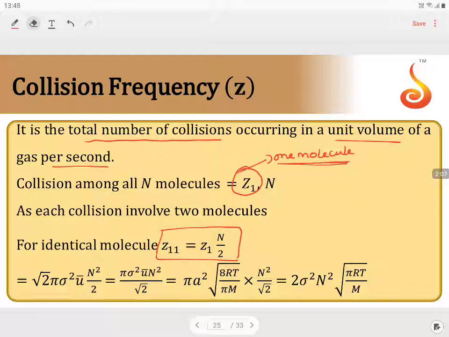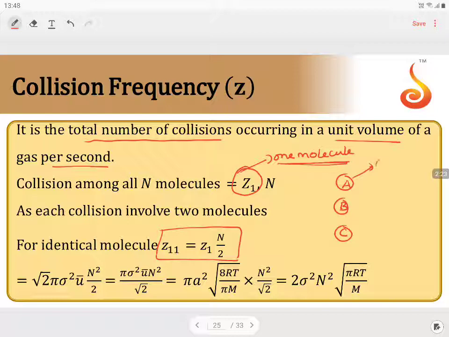Take a molecule A, molecule B, and molecule C. All three are identical. How many different types of collisions can they make?